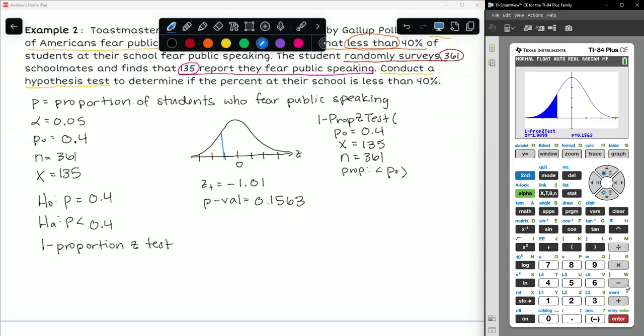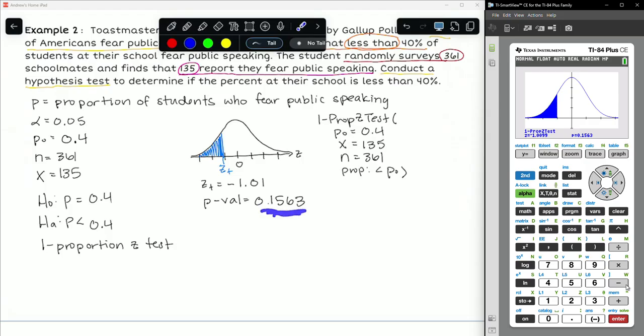So my test statistic is sitting here. And it's a left tail question because we're looking at less than, so I'm shading that way. And I can see, both from my calculator and my hand-drawn picture, that's a big chunk of the curve, right? That's almost 16% of the data.